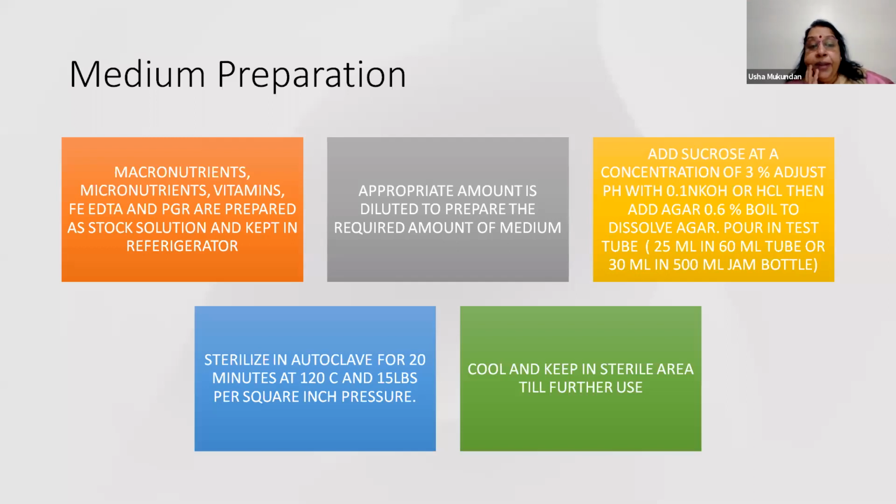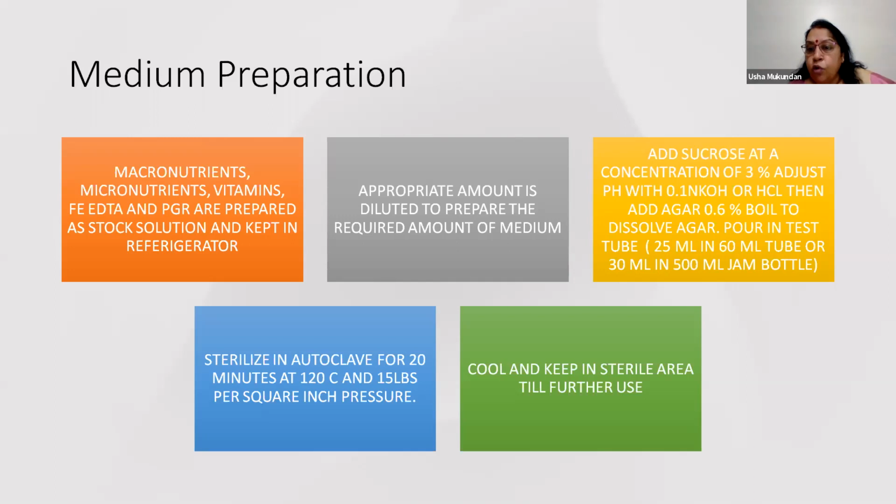Now, when you prepare the medium, you need not remember, but you should know. You never weigh each and everything separately. They are all made in stock solutions. So what do you call the stock solutions? Macronutrient, micronutrient, vitamins, iron, PGR, and then sucrose. So when you prepare media, you have to take out required concentration of each one of them, dilute it using water, deionized water.